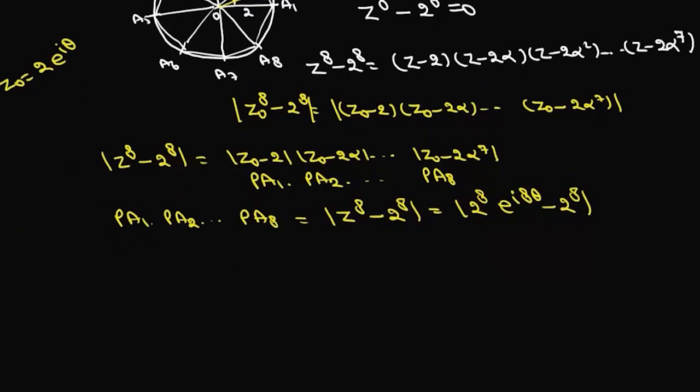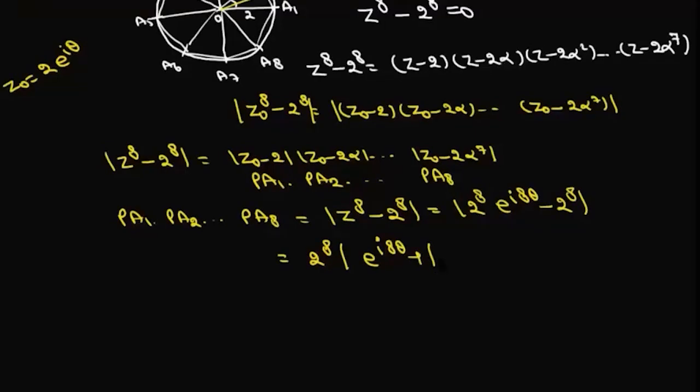Now we'll take 2 to the power 8 common, so it will be 2 to the power 8 mod of e to the power iota 8 theta minus 1. Now we'll try to find the maximum value of the expression on the right hand side, so that we get the maximum value of the expression on the left hand side.